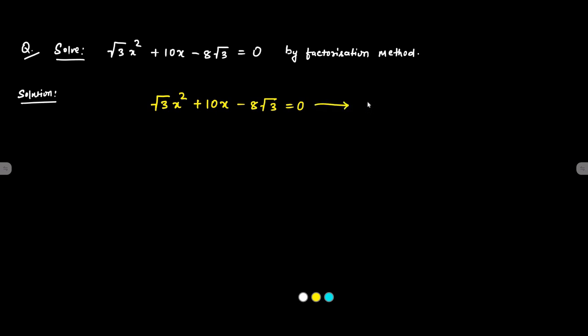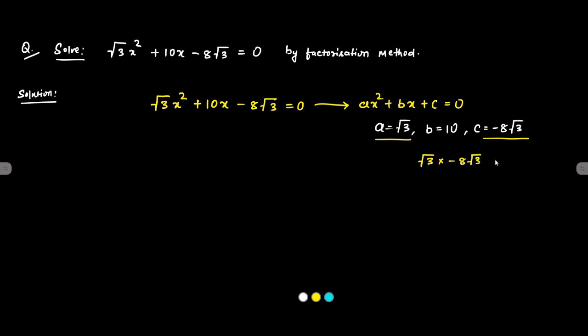Comparing it with the standard format, ax square plus bx plus c is equal to 0, we have a is equal to root 3, b is equal to 10, c is equal to minus 8 root 3. Now the product of the two extreme terms a and c is root 3 into minus 8 root 3, which is equal to minus 24.